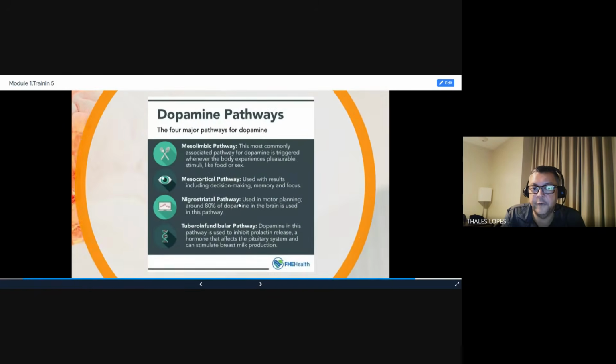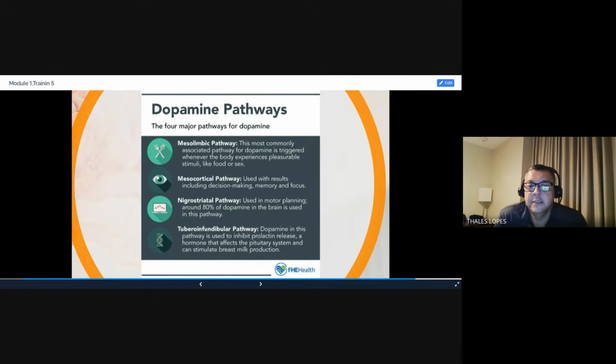So again, if you want to look at it a different way, the mesolimbic pathway is triggered whenever the body experiences pleasurable stimuli like sex, food, and anything that feels good, right? So it's all about dopamine, the reward.